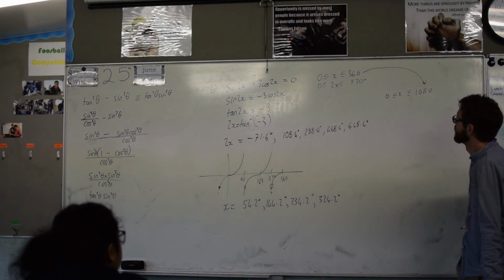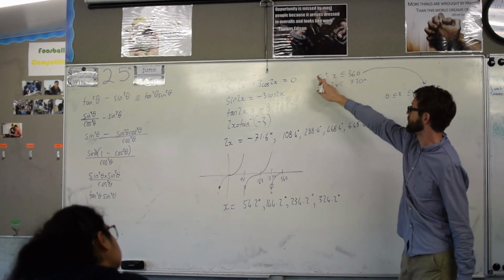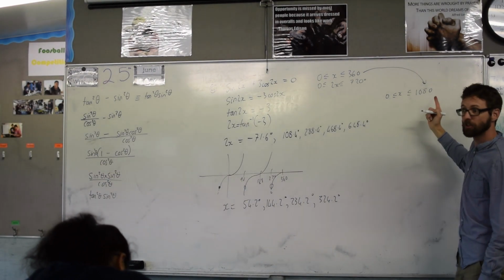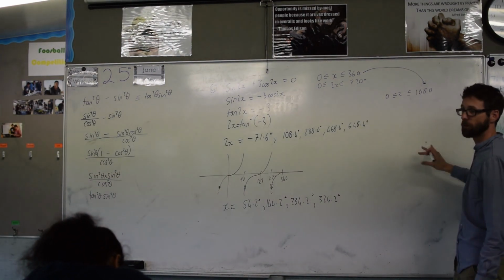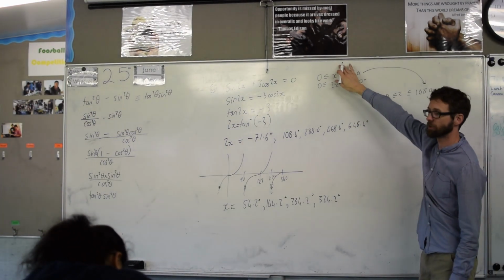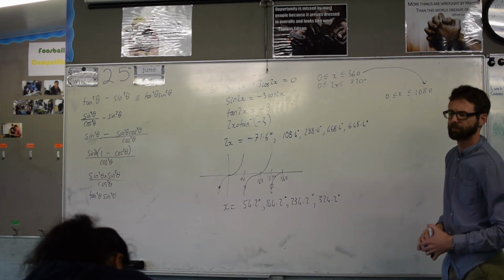Is it 3? 900? Yeah, it's 3 times. Well, if there are 4 solutions here, there must be 3 lots of 4 solutions here, because this just keeps on repeating, right? So there should be 12. We had 4 solutions for this. This is 3 times as wide, so there must be 12.